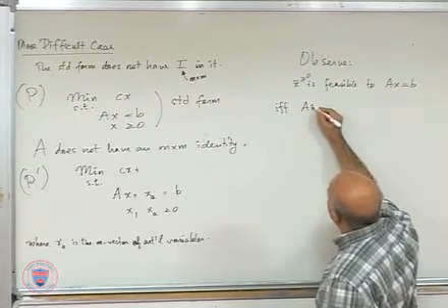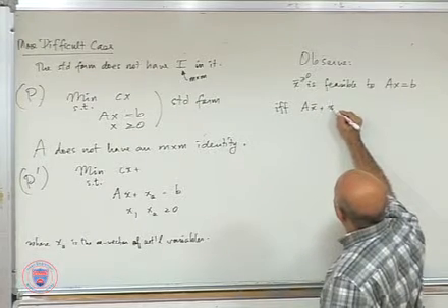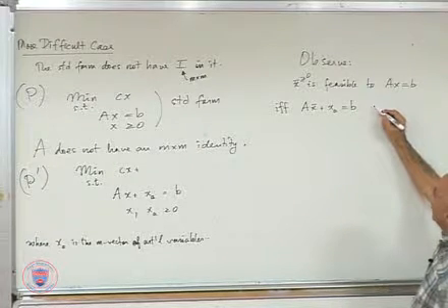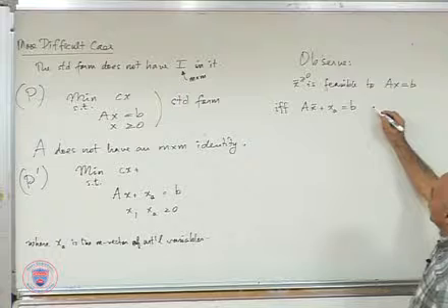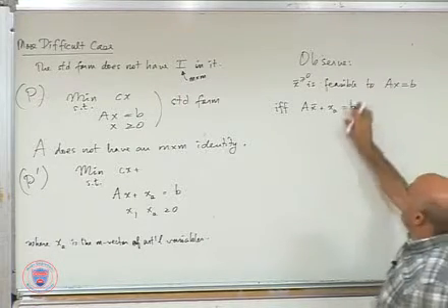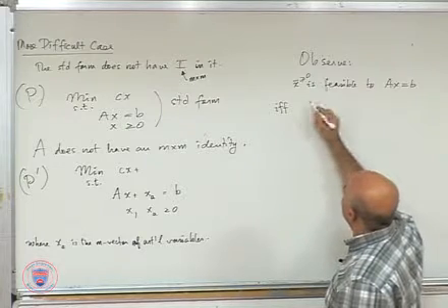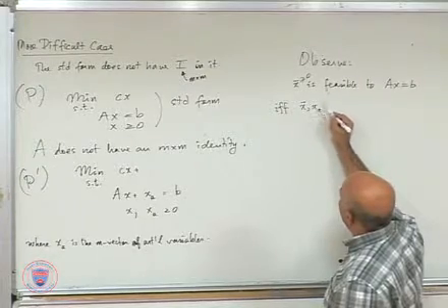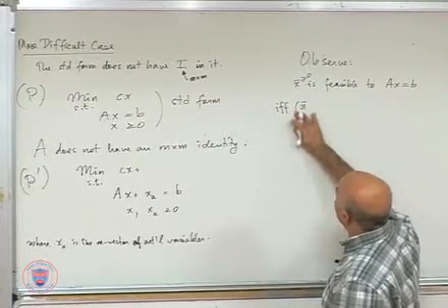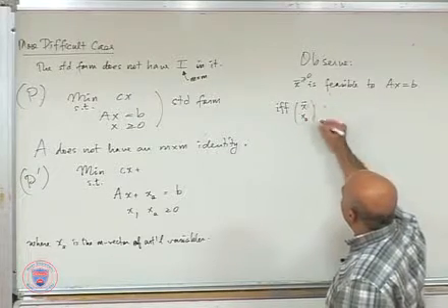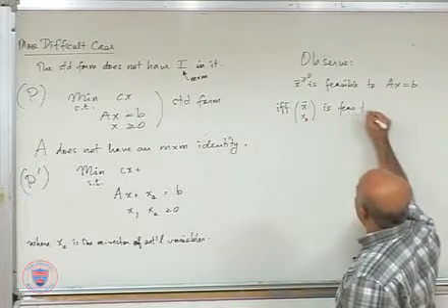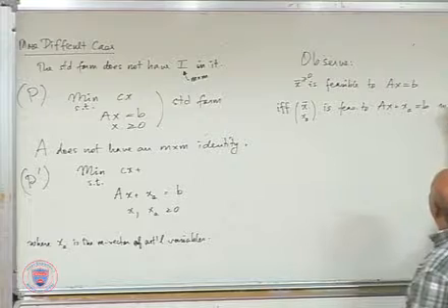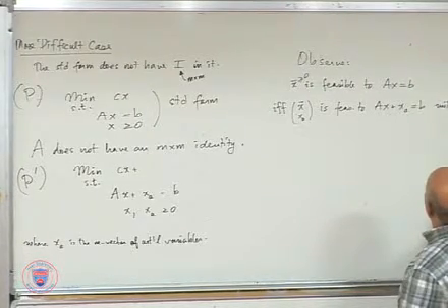A X bar plus X_A equals B, let me put it this way. If and only if X bar and X_A is feasible to AX plus X_A equals B with X_A equal to 0.